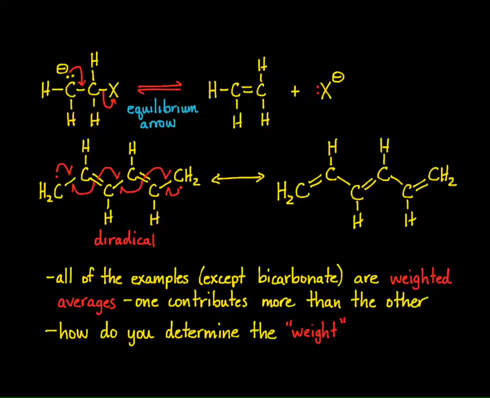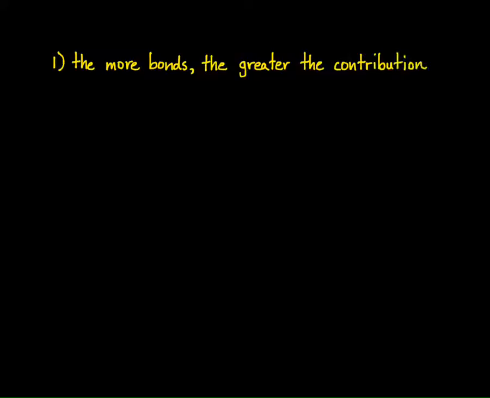And when you have that, that's typically your major resonance contributor, right? But in general, I'm going to give you some rules. And the first rule is simply this: the more bonds in a structure, the greater the contribution. The more bonds in a structure, the greater the contribution.